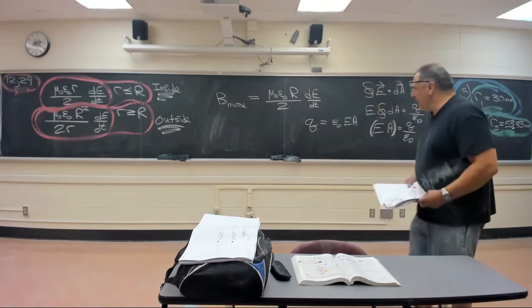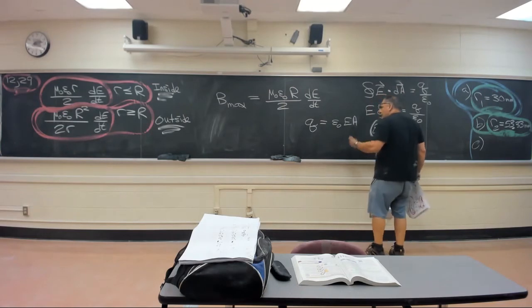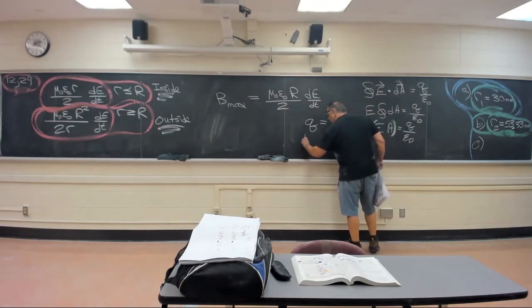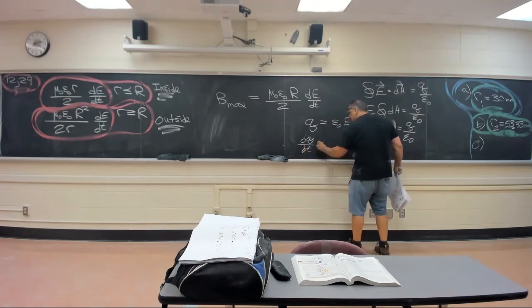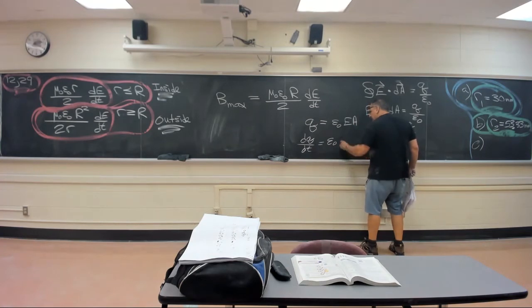We could get the time derivative here and get dq dt equals epsilon naught A dE dt.